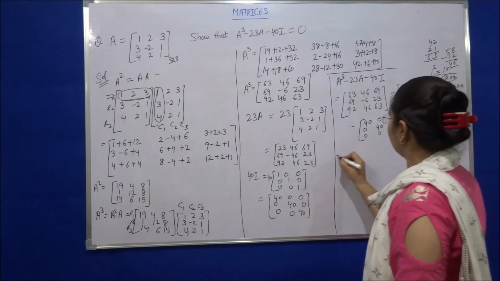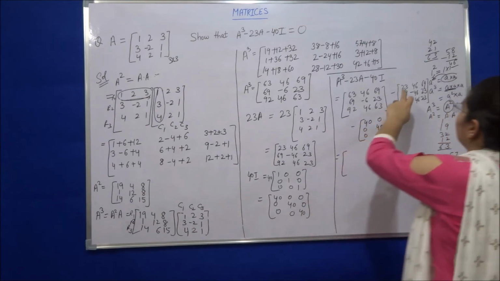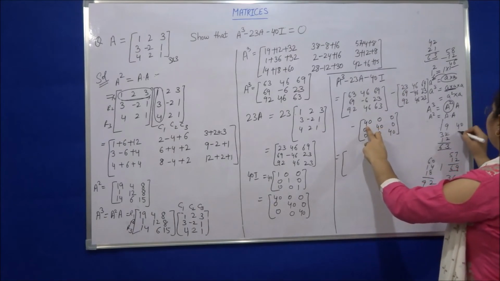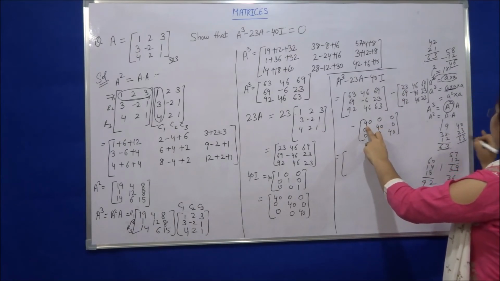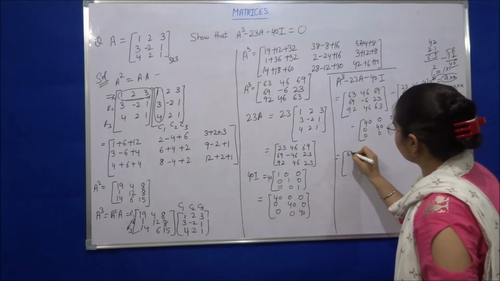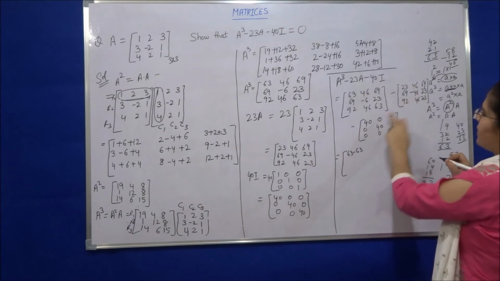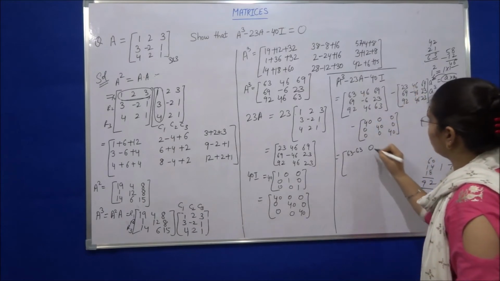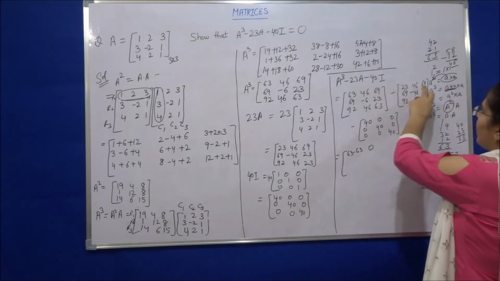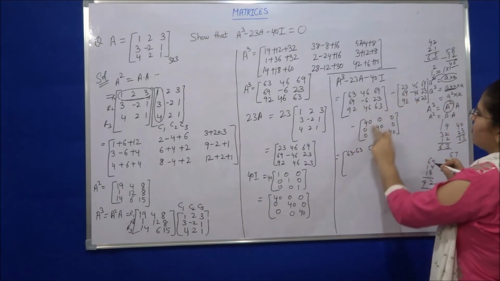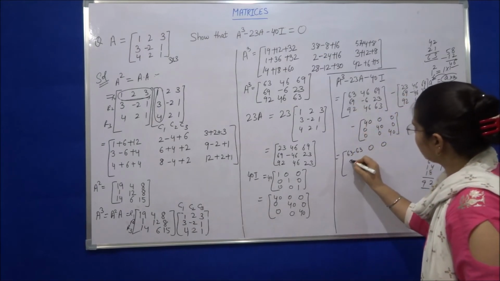Now let's calculate 23 plus 40. 40 plus 23, that will be 63. So 63 minus 63. 46 minus 46 minus 0, that will be 0. Now 69 minus 69, that will be again 0. 69 minus 69 minus 0, that will be again 0.